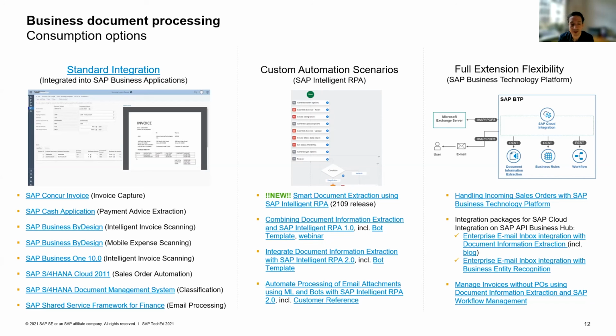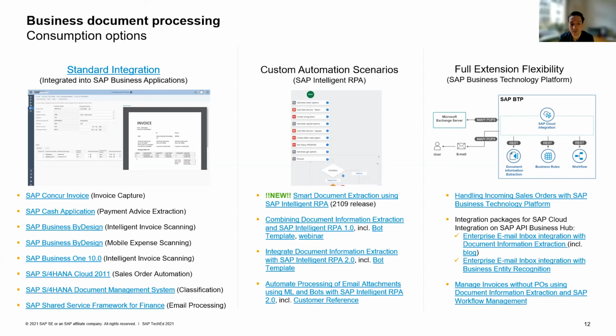The second option that you have to consume this business document processing related services is for custom automation scenarios with SAP Intelligent RPA. I think there was also a question in the chat about that. You can use it with the on-prem variant of IRPA, so with the IRPA 1.0.